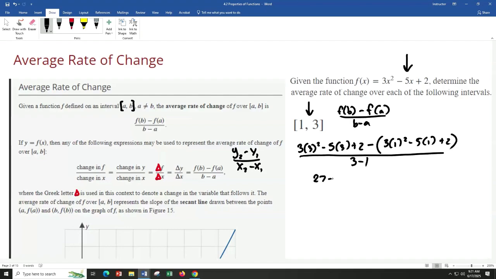You get 27 minus 15 plus 2 minus 3 plus 5 minus 2 all over 2, which is going to equal 14 over 2, which is equal to 7. So my average rate of change is 7.